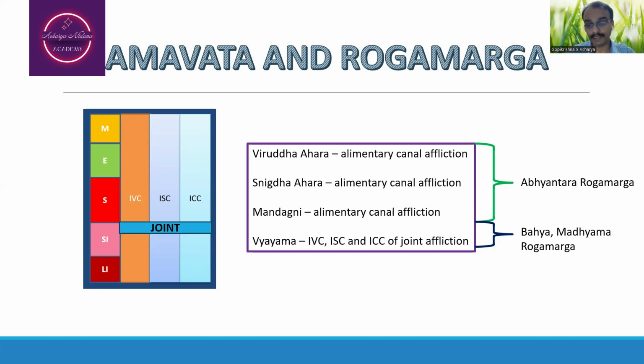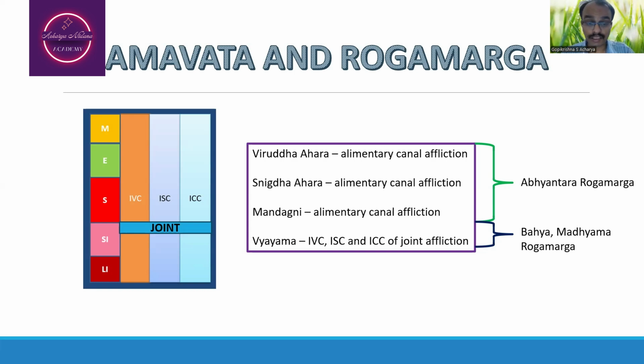And when the person does more activity, these macromolecules present in the stomach, small intestine or large intestine start entering the intravascular compartment, the rasadhatu, and later the intravascular compartment of the joints, because with activity more blood supply goes towards the limbs where more activity is taking place.